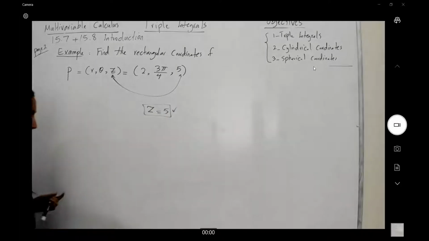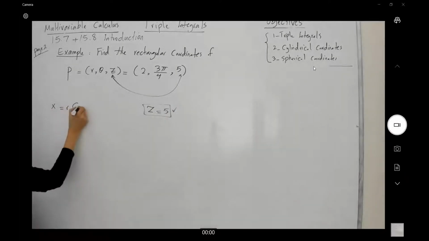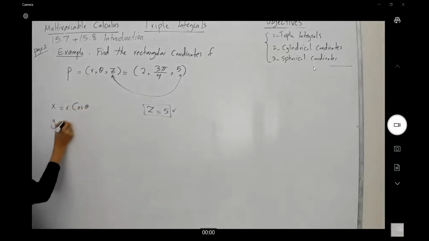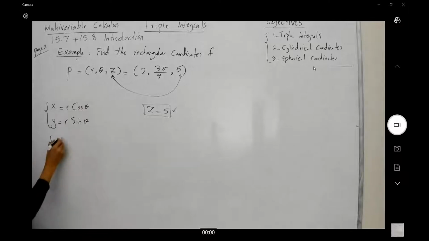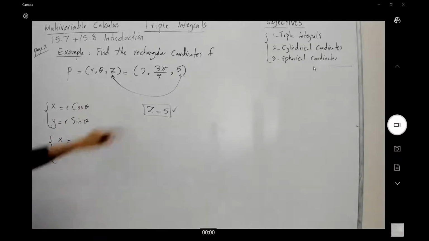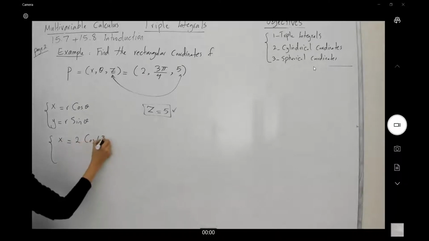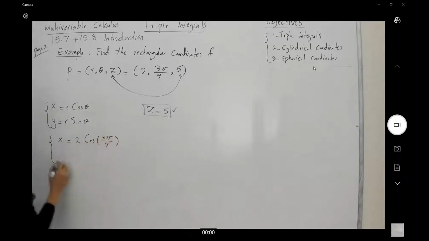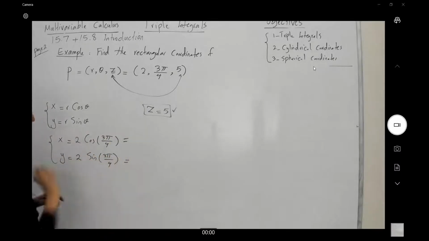We know that x is equal to r cosine theta, y is equal to r sine theta. So our x is equal to r, which is 2, times cosine of 3 pi over 4, and y is equal to 2 times sine 3 pi over 4.